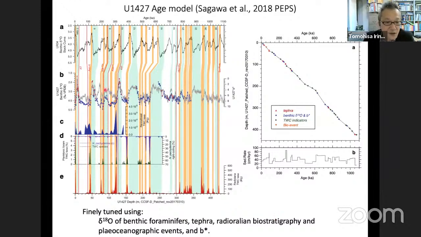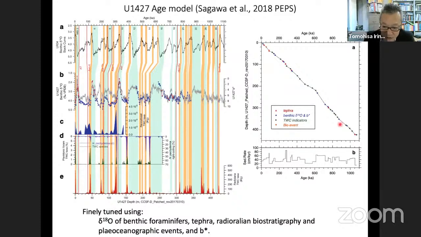And it is very well constrained with the open ocean Eastern Sea benthic isotope records, and which established nearly the same precision age model as the other Japan Sea cores.